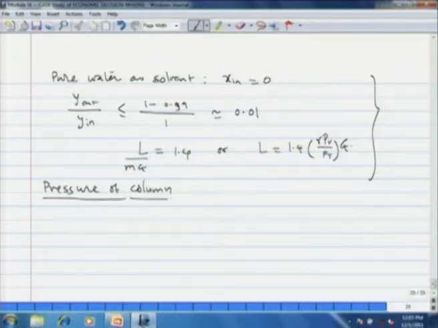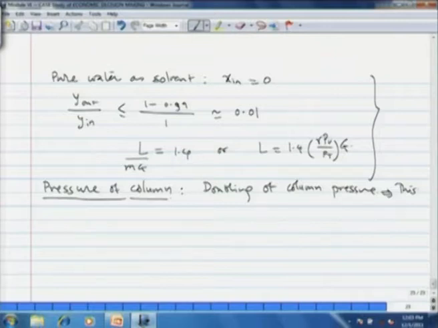Let us say we increase the column pressure twice. That means, let us say that we make PT as 2 atmosphere. This will reduce the liquid flow rate.